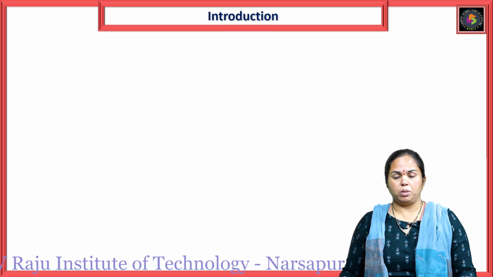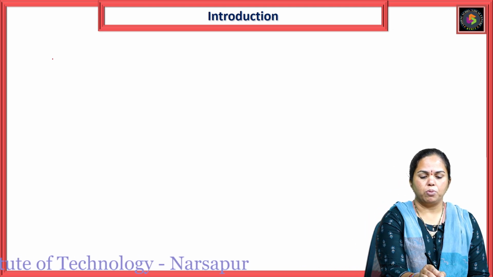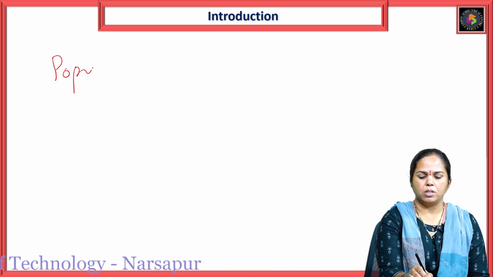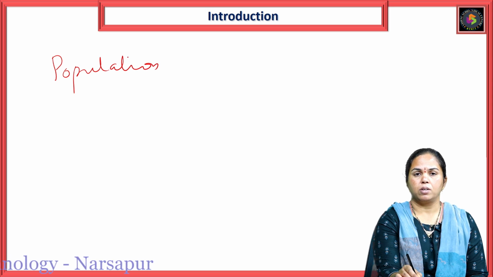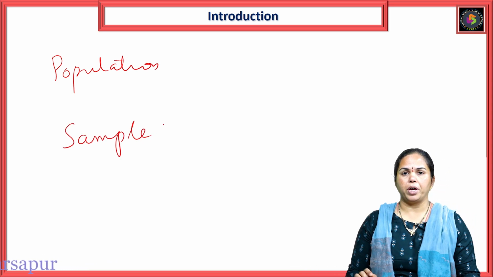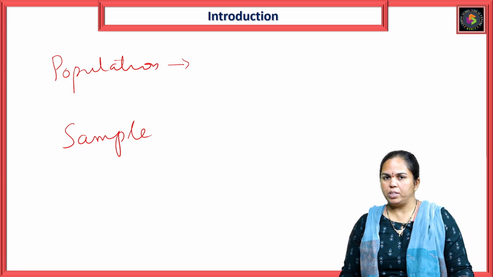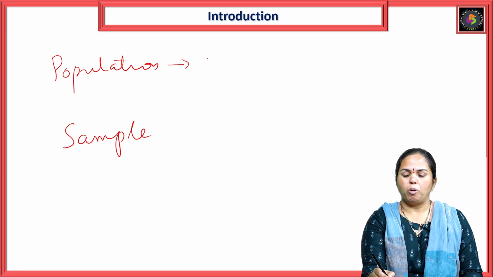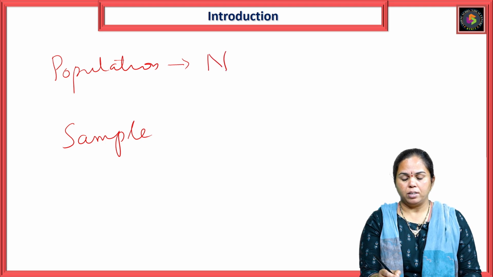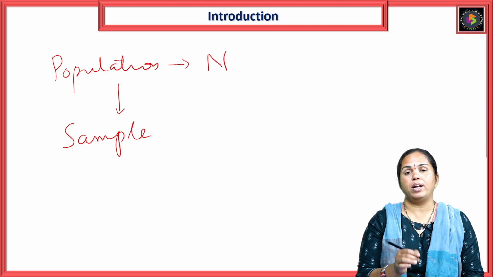Before discussing hypothesis testing, we'll see the meaning of population and sample. Population in statistics is denoted with capital N, and a part of the population is called a sample.